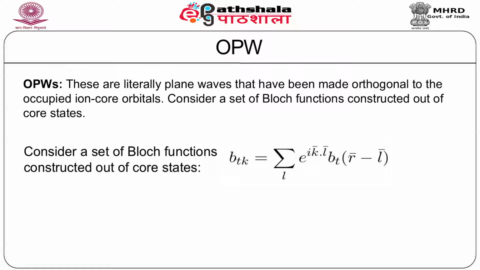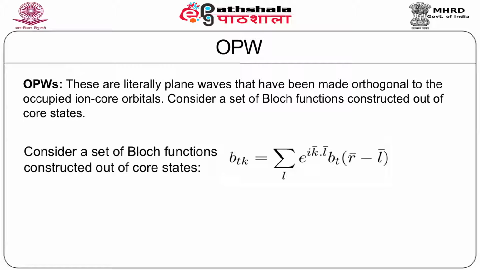A core orbital, such as b_t, is strongly localized, so that this is no more than a combination of degenerate one-electron states, each corresponding to the localization of the electron on a particular atom.